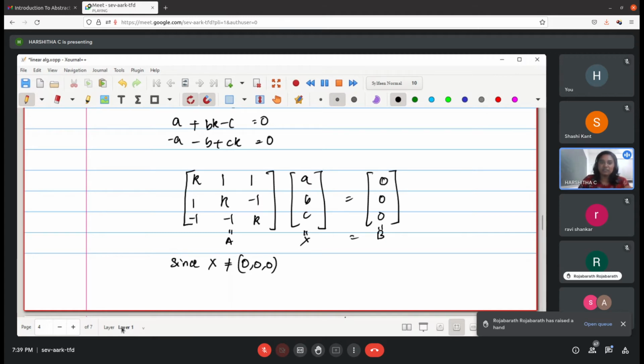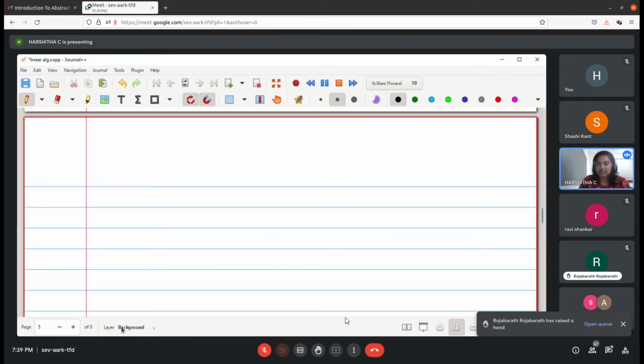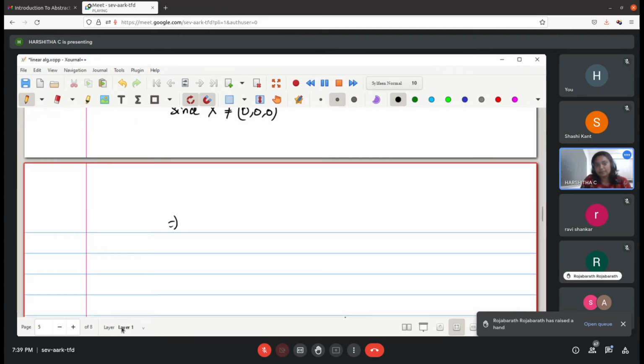So if you look at your school mathematics, it means that A cannot be invertible, and this is equivalent to saying that the determinant of A is 0.